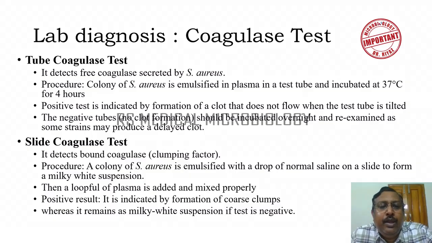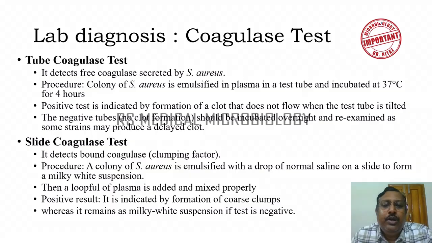You look at the test tube after 4 hours for clot formation. The slide coagulase detects the bound coagulase, also called the clumping factor, where you take a colony, emulsify it with normal saline, add a drop of plasma and mix. Look for clump formation there.